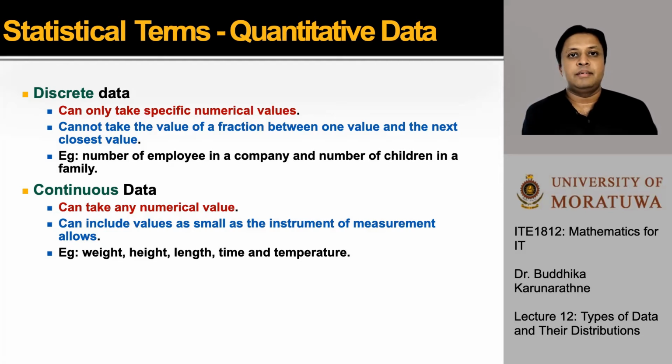And then you can define continuous data. These are also numerical values. It can take any numerical value, that means integers as well as fractional numbers. So, for example, we can have weight, height, length, time, temperature, and so on. These all fall into the category of continuous quantitative data.